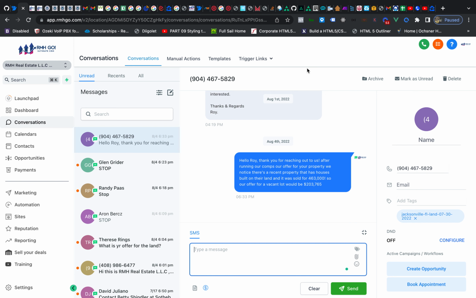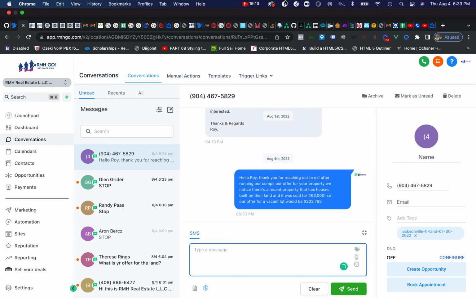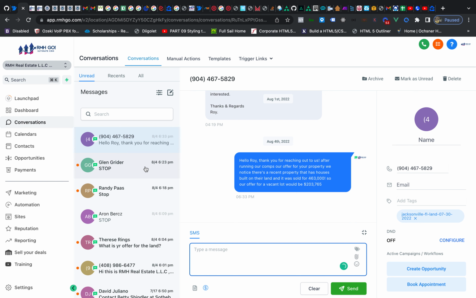There we go, and that should help you determine how to run comps when you're running comps for these properties. It's fairly simple. If you can't find enough land that was sold recently, then you look at houses that are close to that same lot, how much those houses were sold for, and that will help you determine how much you should make the offer. If the house was sold for less than their asking price, then you cannot buy the land for more than a house.